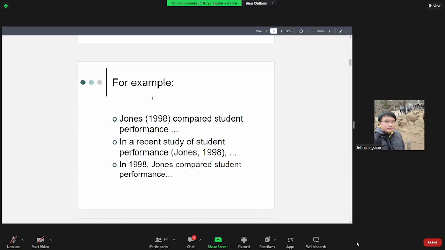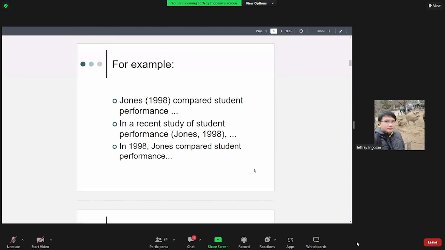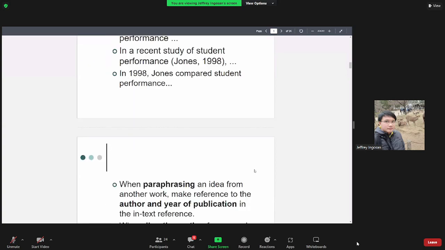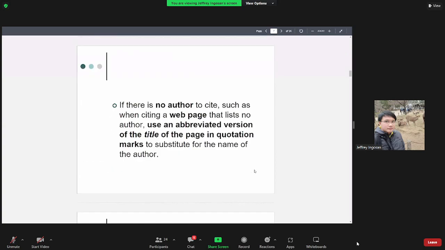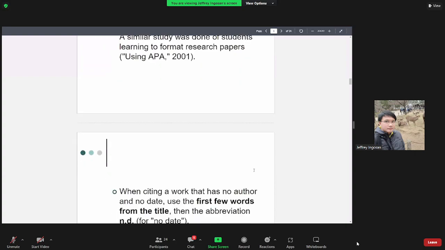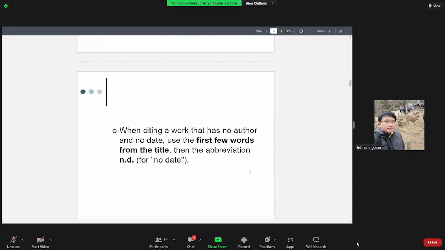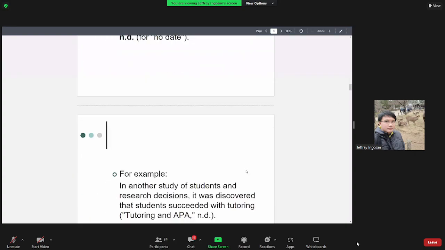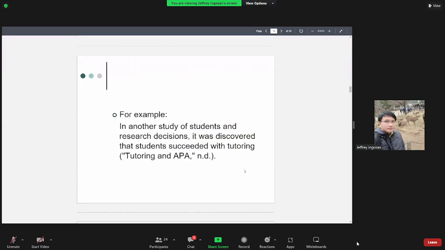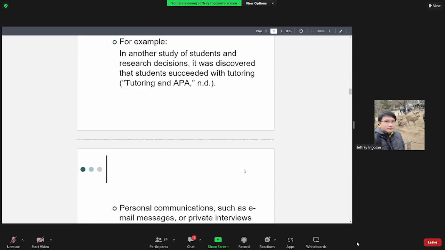And of course, this is just one. There are other things that should be considered, like what if there is no date of publication? So the date of publication is not available, or what if the name of the author is not included in the publication or in the article that you are using, and so on. So this would guide you, this would help you.